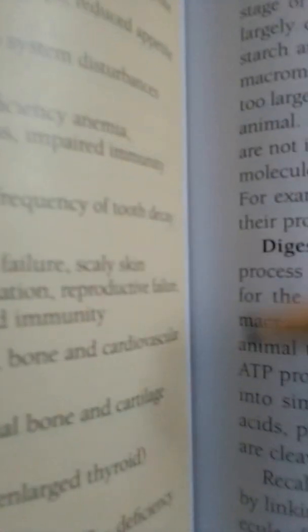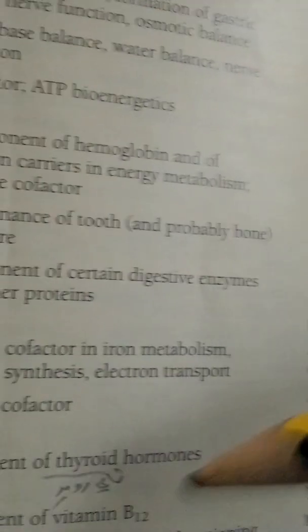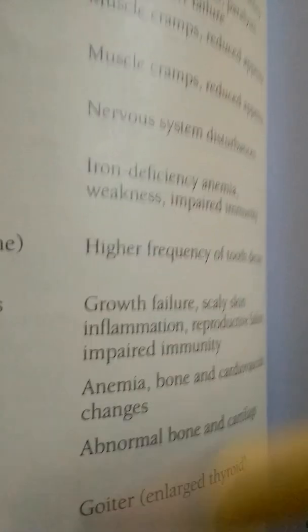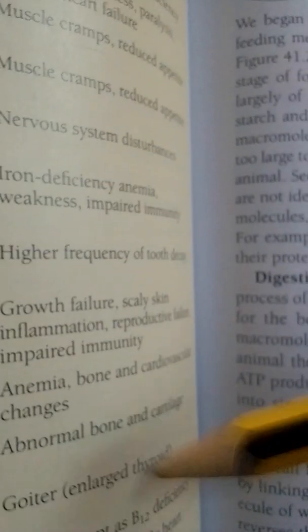Manganese, Mn: nuts, grains, vegetables, fruits. Enzyme cofactor. Deficiency: abnormal bone and cartilage. Iodine: seafood, dairy products, iodized salt. Component of thyroid hormones. Deficiency: goiter, enlarged thyroid. Cobalt: meats and dairy products. Component of vitamin B12.